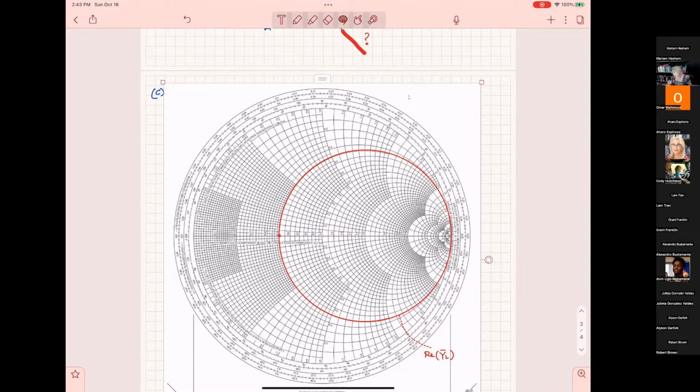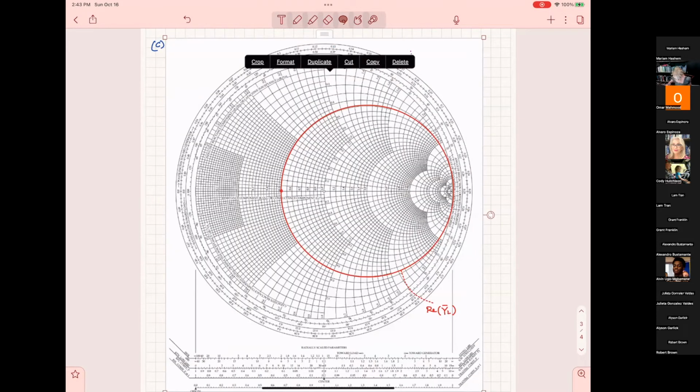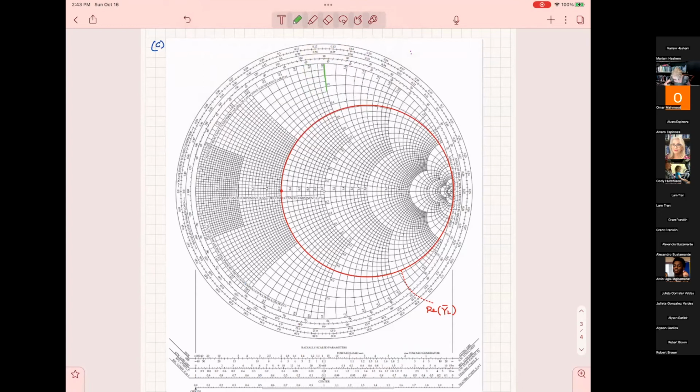All right, so positive 1, for us, we're using admittances. Positive 1 is up here, and I'm going to use green to see which one is the circle. Let me use a thicker line. So you can see, this is the circle that corresponds to all the reactive normalized parts, which are 1.